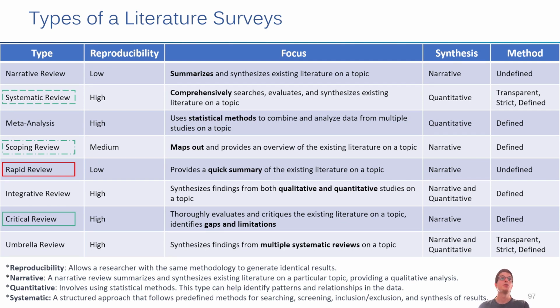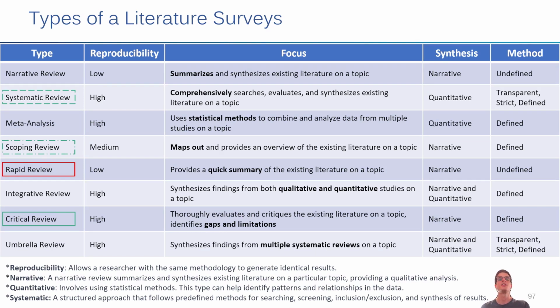Then we have the umbrella review at the end. The umbrella review, similar to the systematic review, tries to comprehensively cover an area, but uses a different approach by not going through all the papers in the field, but only going through already existing systematic reviews.